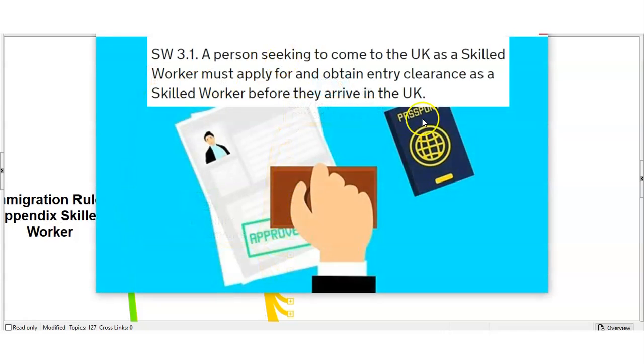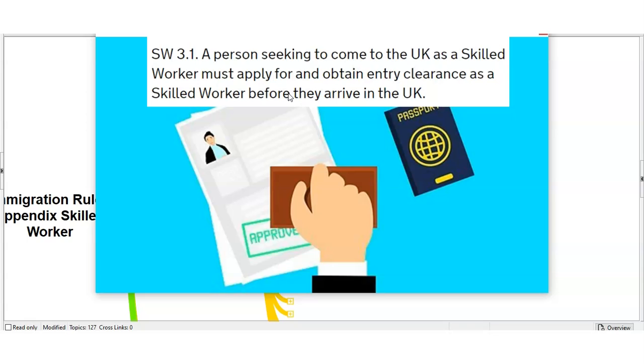They say that anyone who wants to enter the UK needs to apply for entry clearance, meaning a visa which you apply for when you're outside the UK. So if you would like to enter the UK as a skilled worker, you must apply for entry clearance.